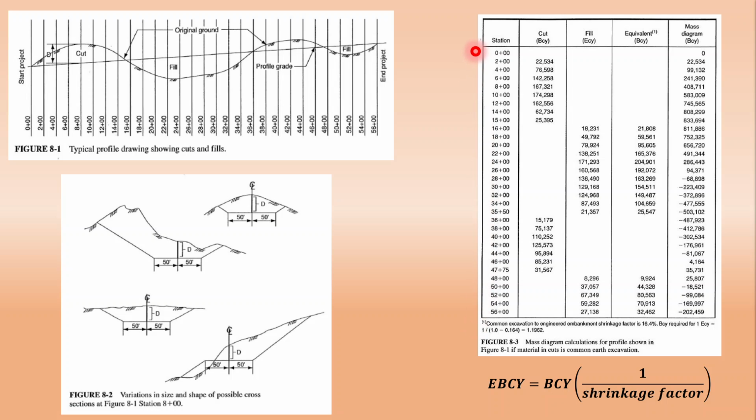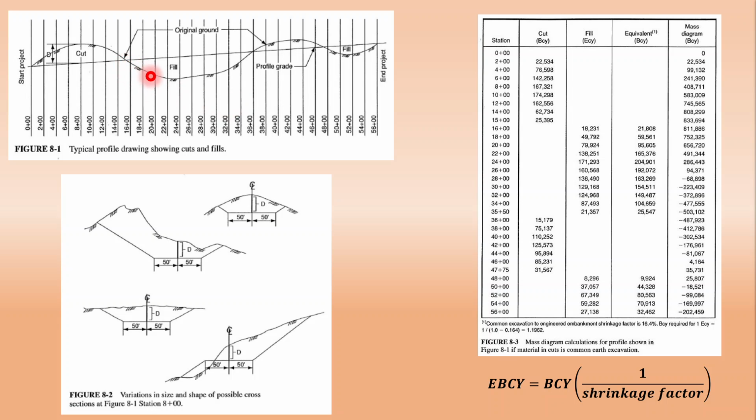So you can see in our profile drawing here, from the beginning at 0 plus 00, all the way up here to approximately station 15 plus a pair, it's all cut. So in our table here, that's all we have. We're showing cut volumes expressed in bank cubic yards all the way up here to station 15 plus a pair. We have no fill, right? We don't incur a fill scenario until we proceed beyond station 15 plus a pair.